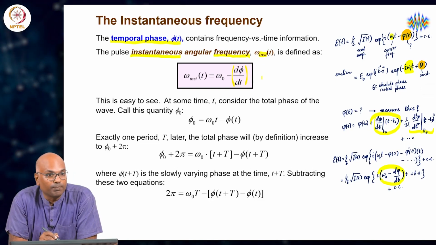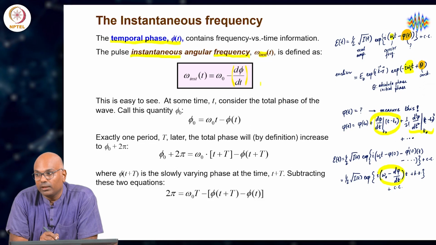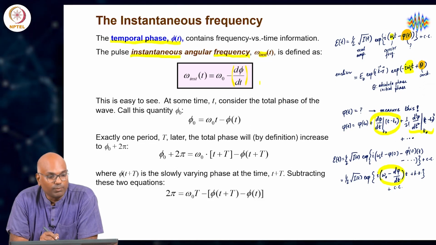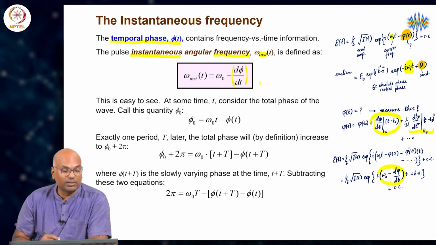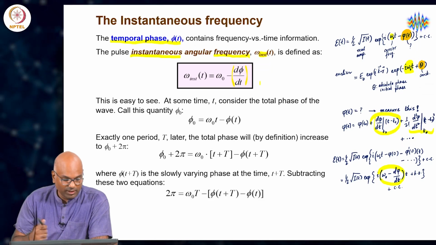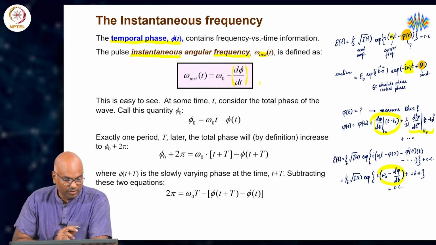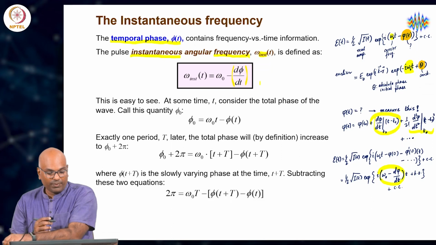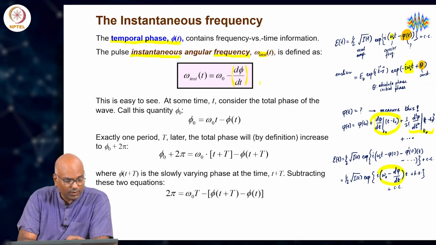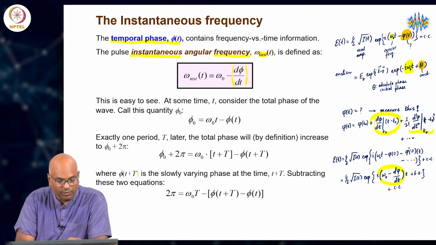There is no escape, right. There can be no escape to this, and that makes life more interesting and the physics richer, if anything. So, this is kind of easy to see.